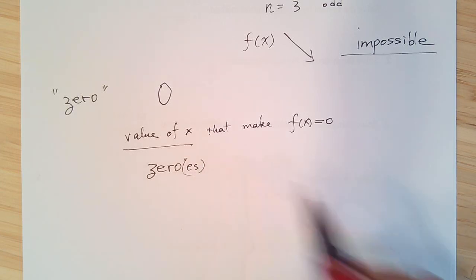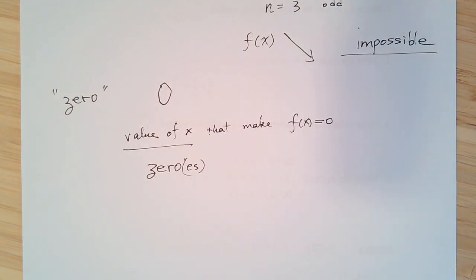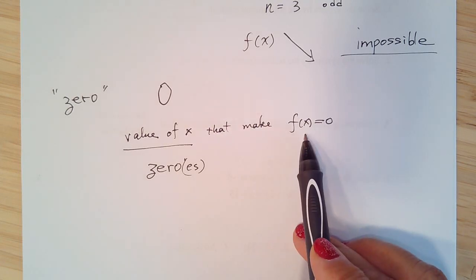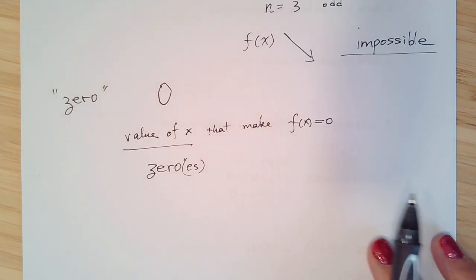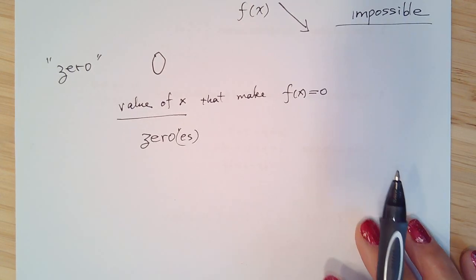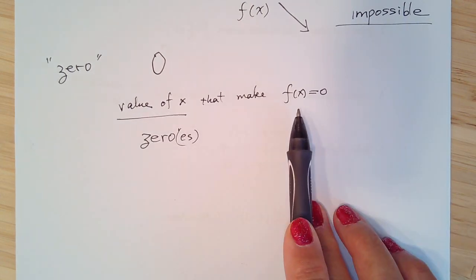It could be more. In another way, think of it as the solution of this function, the solution of this equation: the value of x that makes the function value 0.